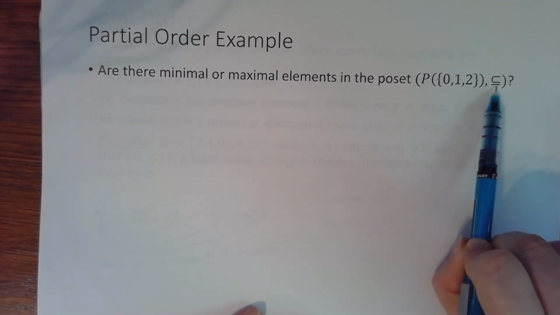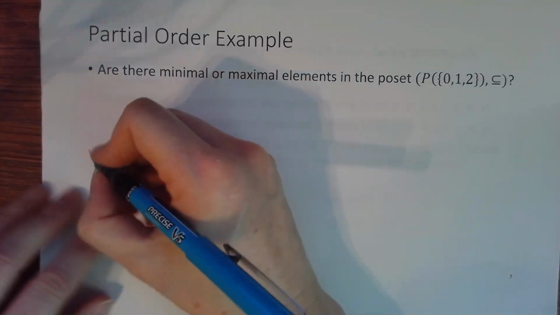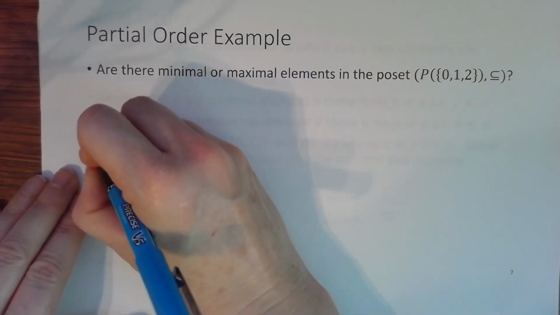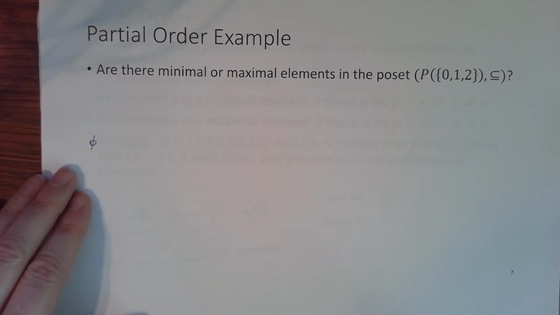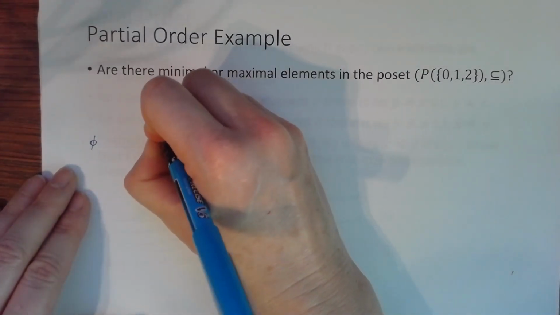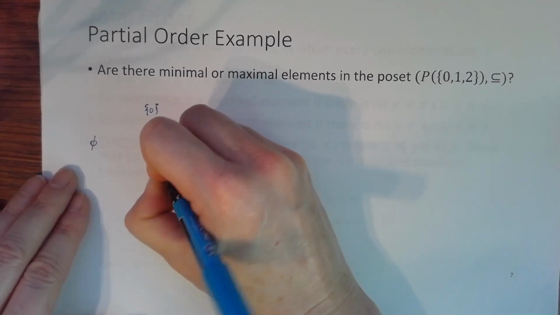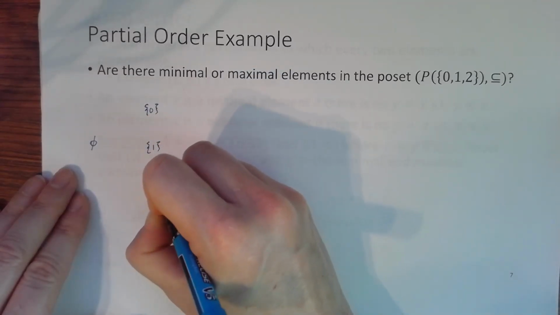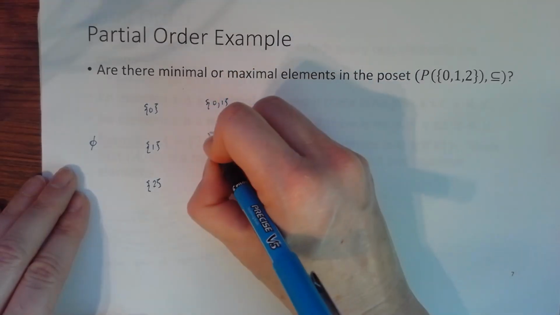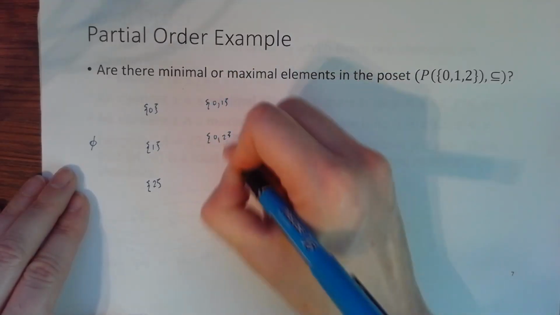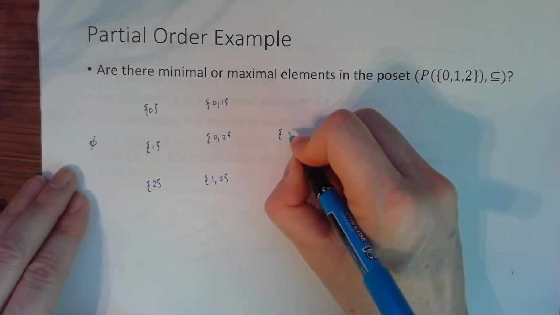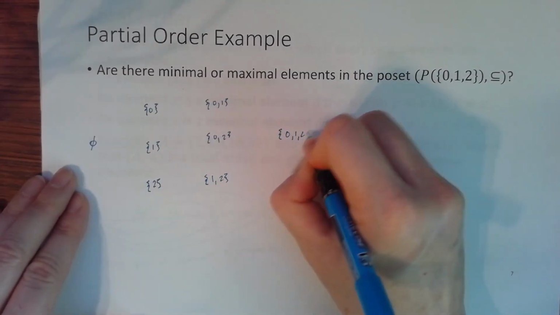If we look at the graph of this relation, we've got the empty set, the set containing just 0, just 1, just 2, the set containing 0 and 1, 0 and 2, 1 and 2, and then the set containing 0, 1, and 2.